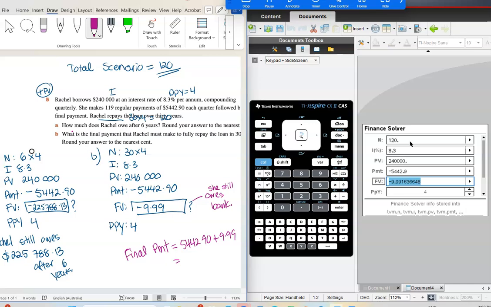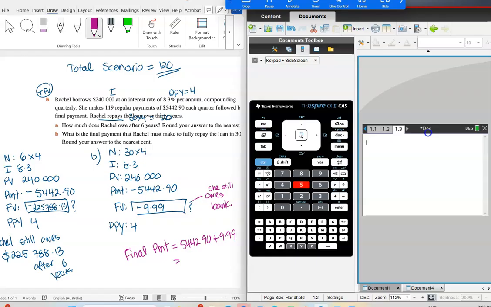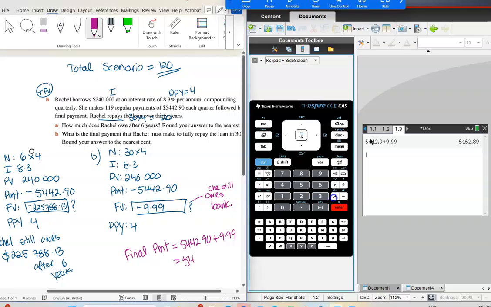So she's like, nah, don't want to keep it at that. And neither does the bank. They just want to tidy it up. So we put that and we just add the $9.99 and we end up, her final payment was $5,452.89.